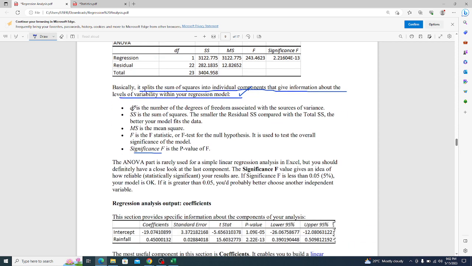We've talked about df, which is the number of degrees of freedom associated with the source of the variance. For this case, the degrees of freedom is given by observations minus 1.